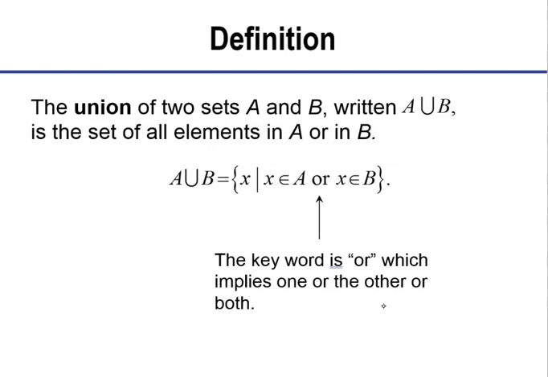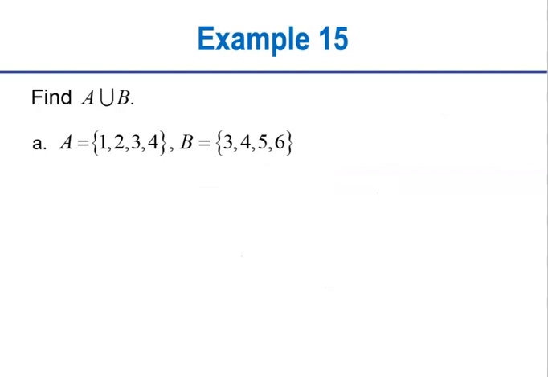Definition of that is A union B is equal to all the X such that X is an element of A, or, again, keyword here is or, X is an element of B. So this time we'd like to do a few examples where we find the union of sets. And again, union means the element is in A or it's in B.